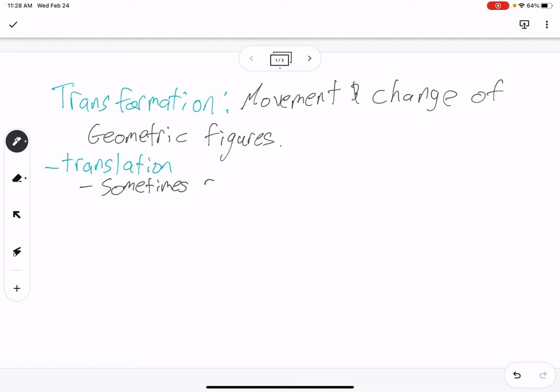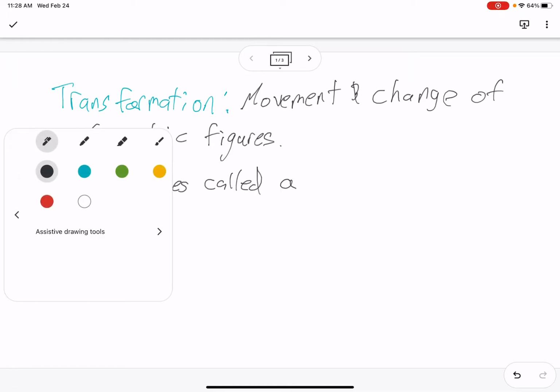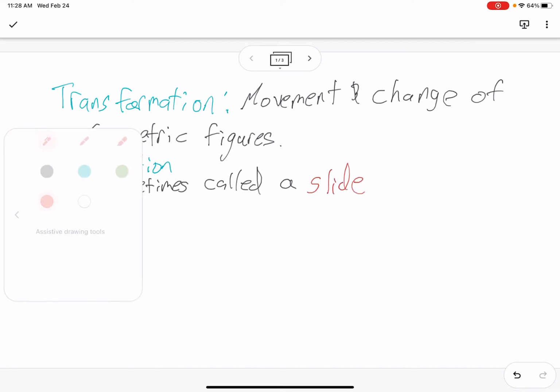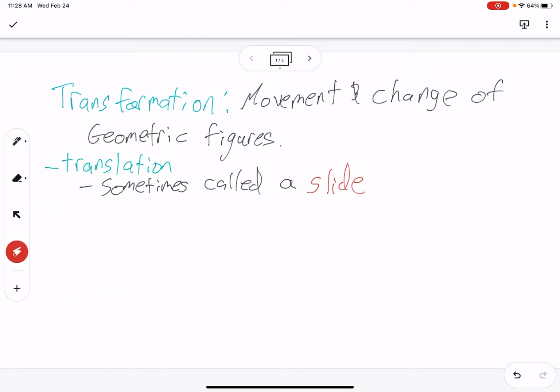I'm going to write this in red because it's important. Sometimes it's called a slide because the figure doesn't turn or rotate. It doesn't get bigger or smaller. It stays the same. It just moves on the graph, okay? It moves around.